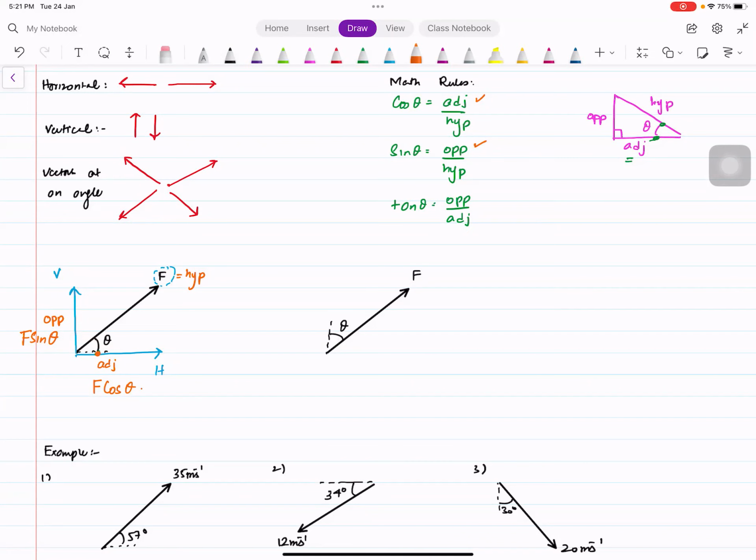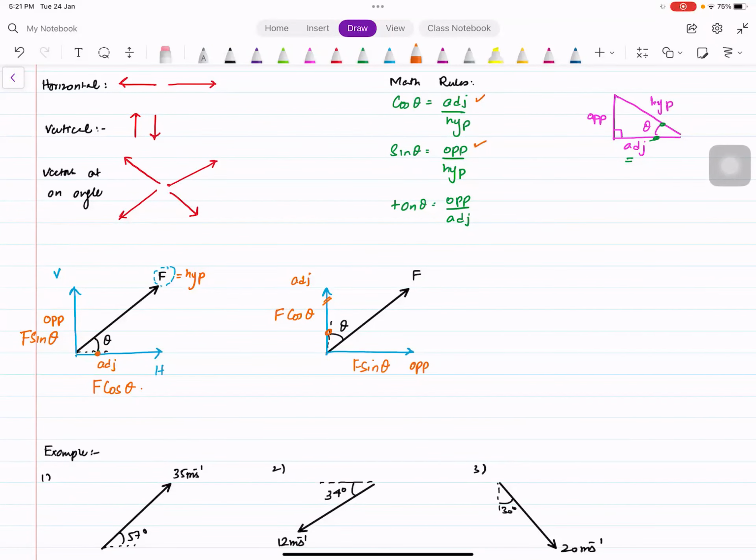Okay. Now, suppose the angle is given with the vertical. Obviously, the vertical will be like this component, and the horizontal will be like that. If this is the case, you see the angle is next to this vector, which makes it F of cosine theta, because this is the adjacent one, and that would be the opposite one, so it's going to be F sine theta.